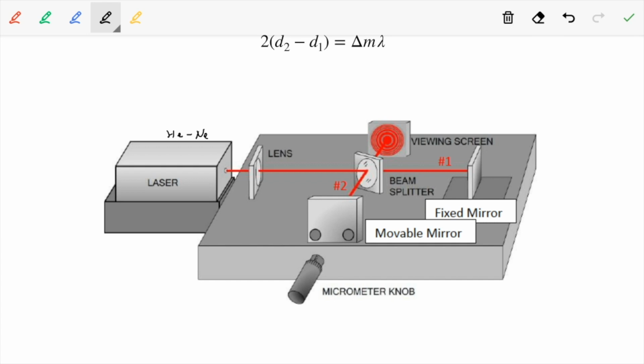After the beam splitter, we have beam number 1 and beam number 2. One beam goes through the beam splitter, and the other hits the beam splitter and reflects to the movable mirror.